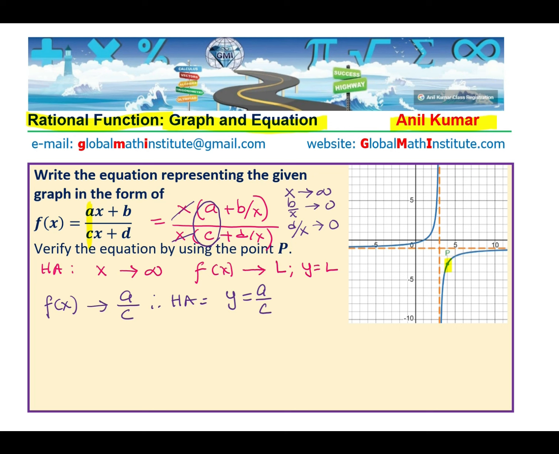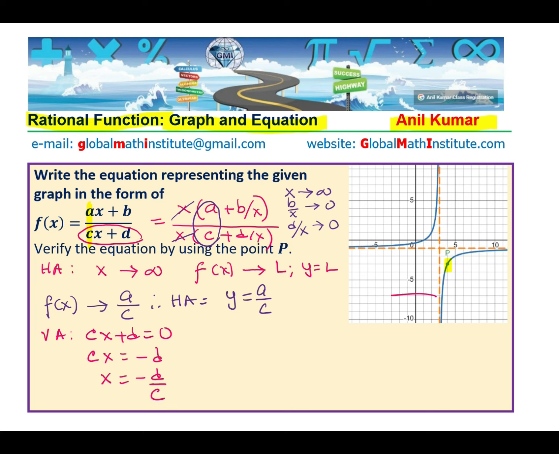Clear? The other part, vertical asymptote, is relatively simple. For vertical asymptote, the denominator needs to be 0. Means this part, correct? So cx plus d equals 0. And from here, we know cx is minus d, or x is minus d over c. So that becomes the vertical asymptote.